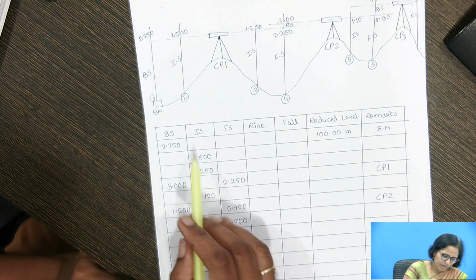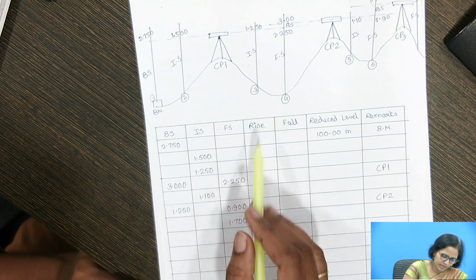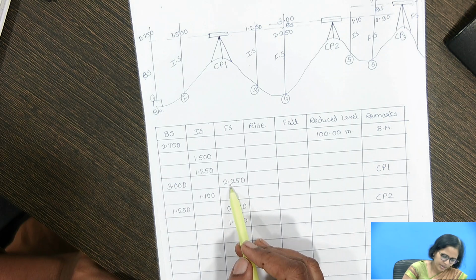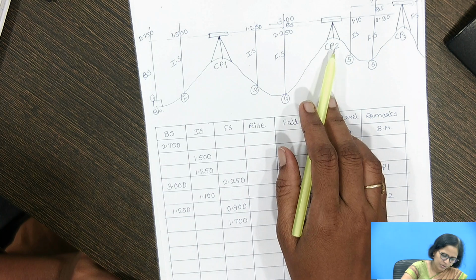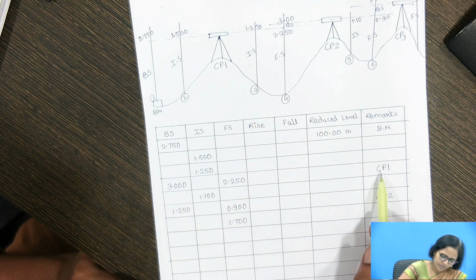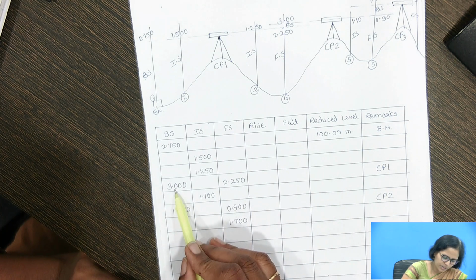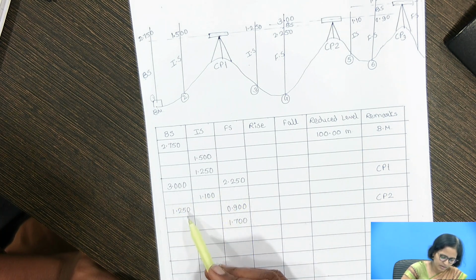So the first reading is entered in the BS which is taken at the benchmark. Then IS, you have IS 1, second, and the third one in the FS column. So after FS we have changed the instrument from CP1 to CP2. So over there I have bisected the staff, taken the reading. So wherever there is a change point, there is always a backsight and a foresight reading. Just observe over here, there is always a backsight and a foresight.